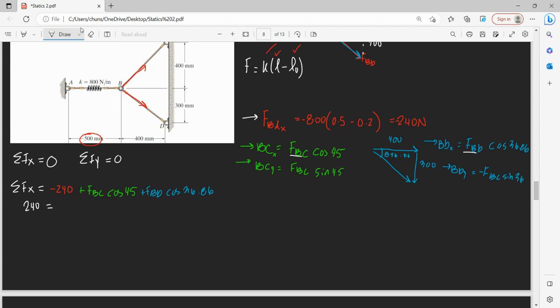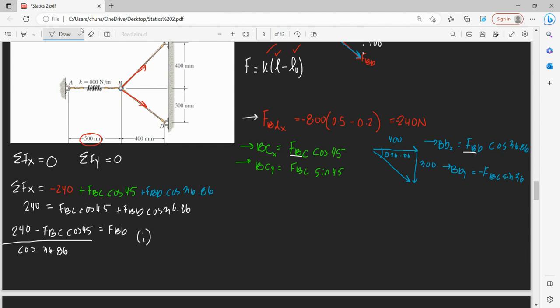This is equal to FBC cos 45 plus FBD cos 36.86. Let's isolate for one of our variables, choose whichever one you like best. FBD equals this divided by cos 36.86. So this is our first equation.